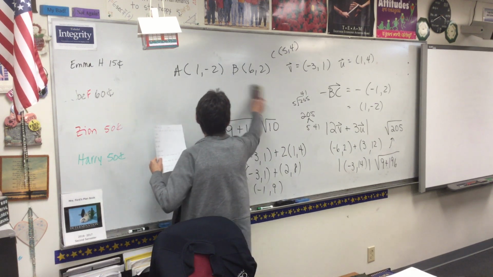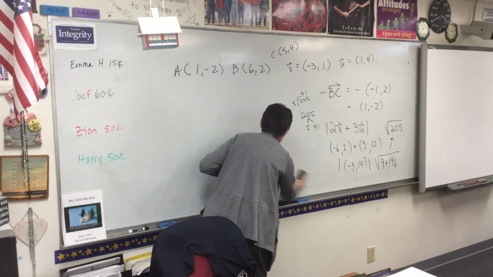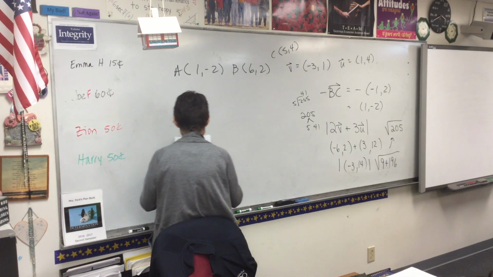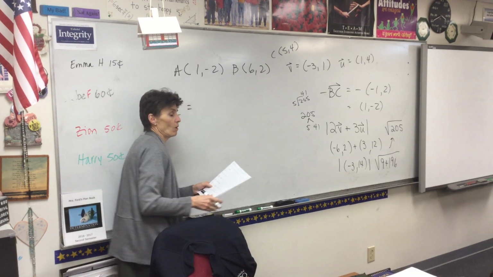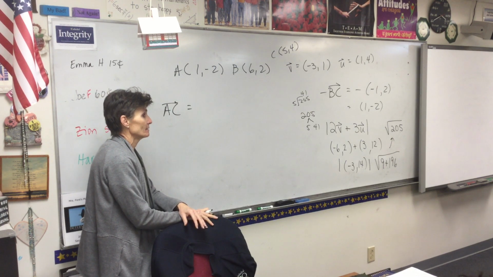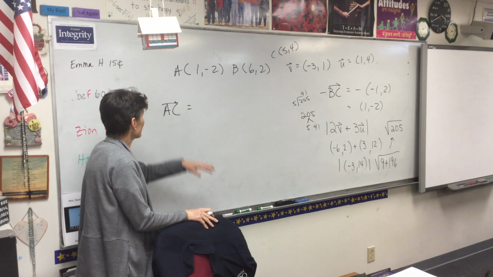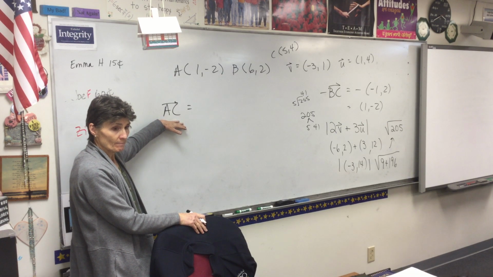6. We want to find a unit vector in the same direction as AC. Okay, so first of all, let's find the vector from A to C. Okay?